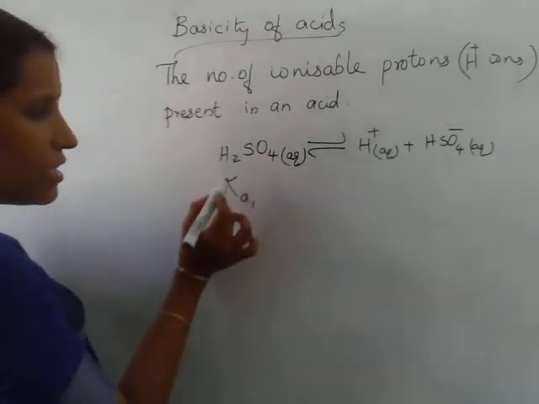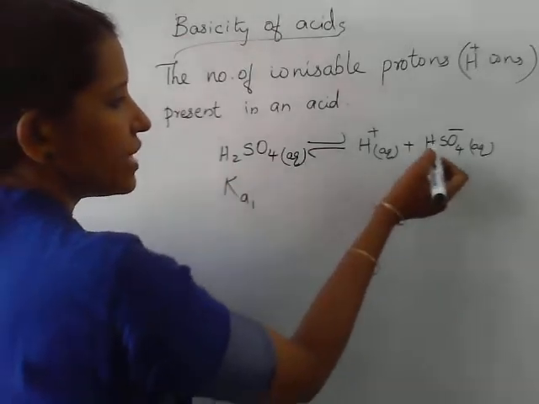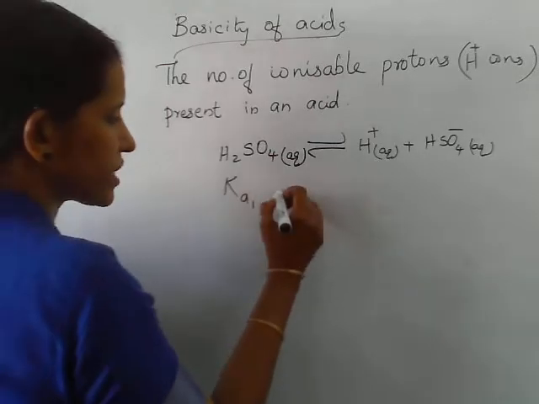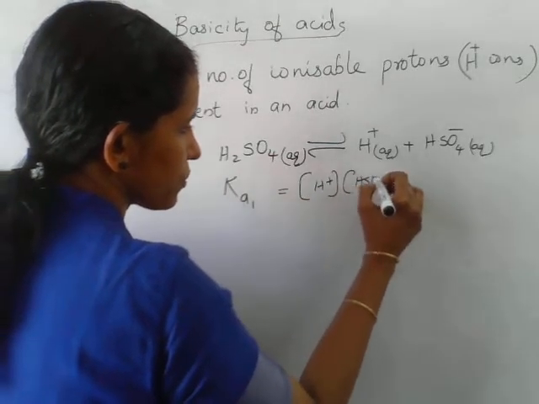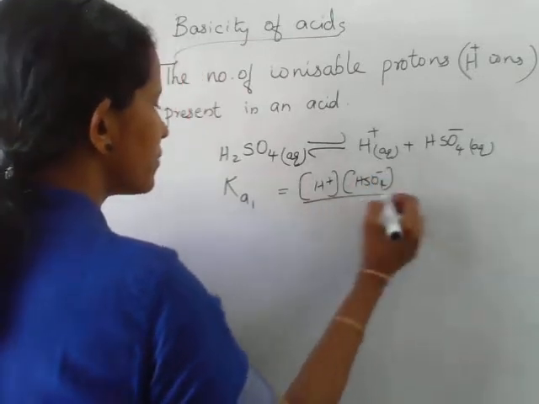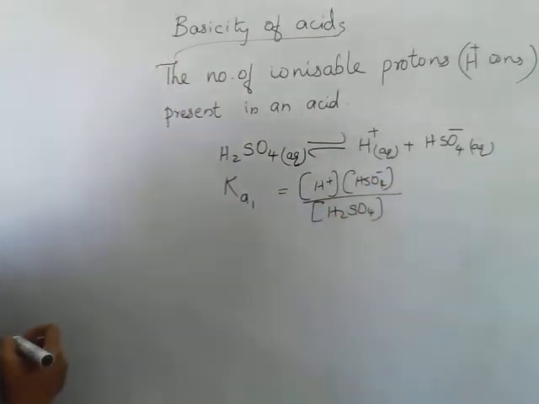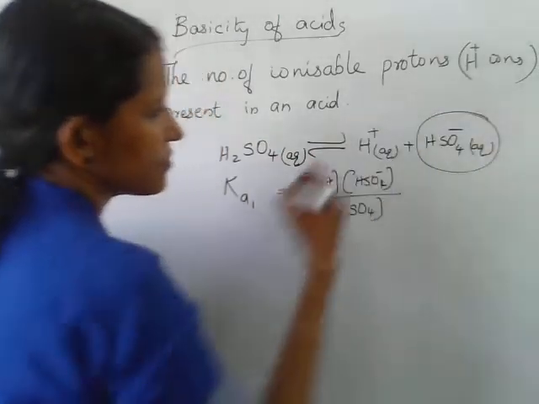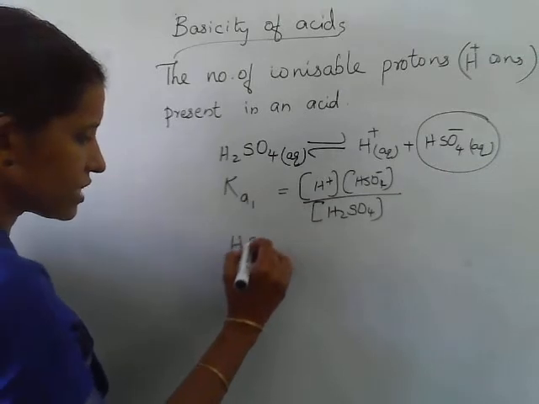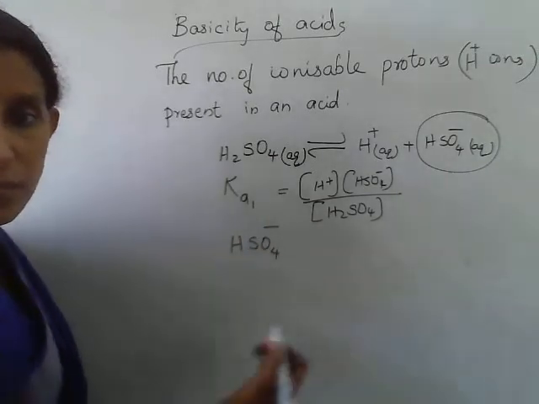Ka1, that is for the ionization of H2SO4 to give HSO4 minus and H plus, can be written as concentration of H plus into concentration of HSO4 minus divided by concentration of H2SO4. And this HSO4 minus produced here is still acidic because it contains 1 more hydrogen atom that is ionizable.